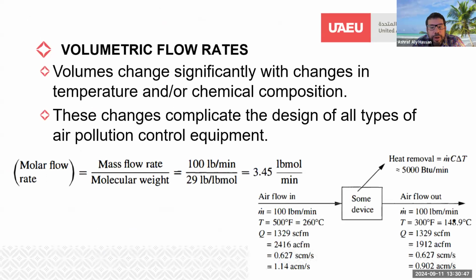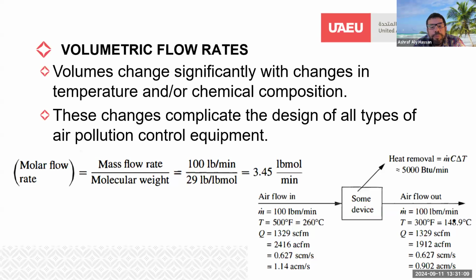Next and final in the combustion chapter, we'll be talking about volumetric flow rates. Volumetric volumes change significantly with changes in temperature and or chemical composition, just like how we were talking about in a minute, where we talked about P1 V1 over T1 is equal to P2 V2 over T2.